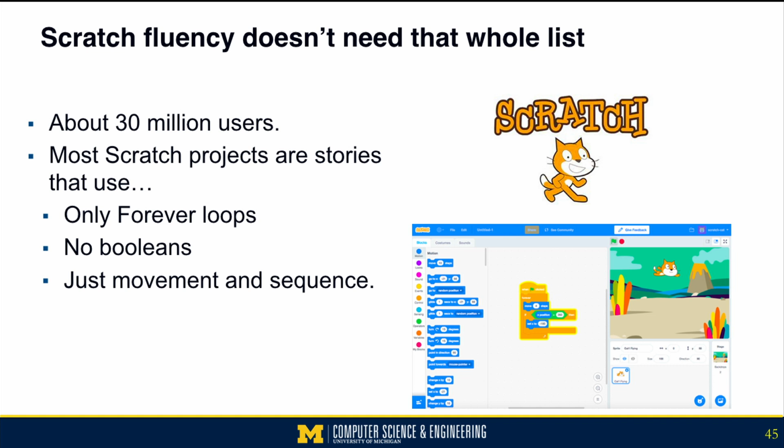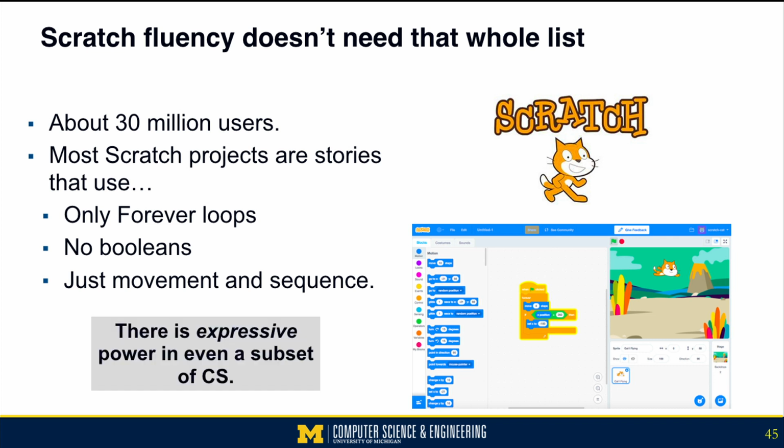One of my favorites is by Debbie Fields and Yasmin Kafai. When they look at all of these Scratch projects, they find that almost all of them, if they use any loops at all, just use forever loops. They almost never use any Booleans. It's just movement and sequence. 30 million people are finding that Scratch is really expressive, even though they don't use very much of computer science.